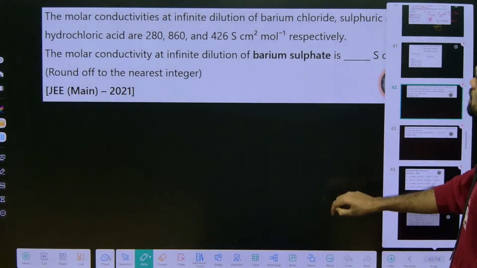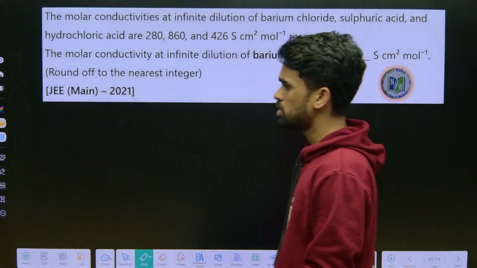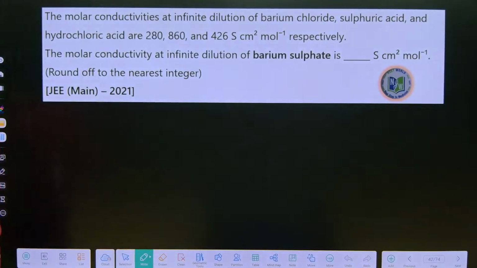So tell me, for this question, this is a JEE Mains question from the 2021 paper. Those who are in the live session, please answer me. What will be your answer for the question?